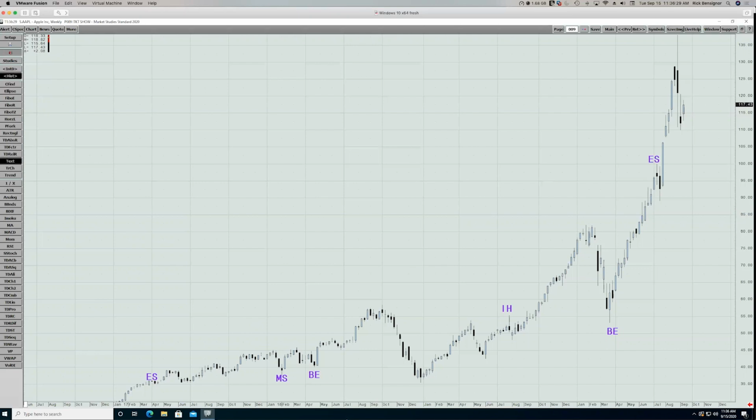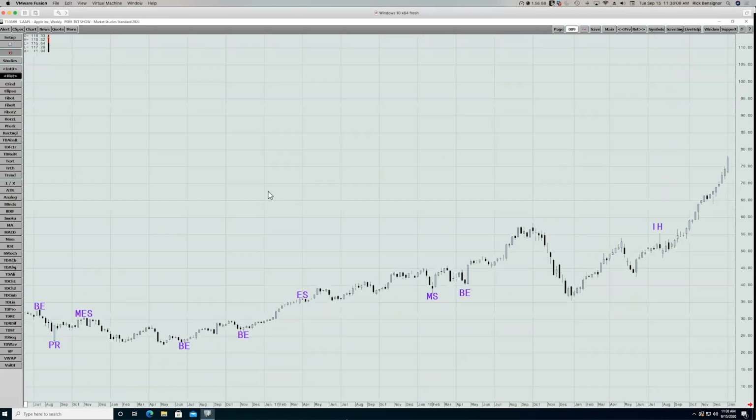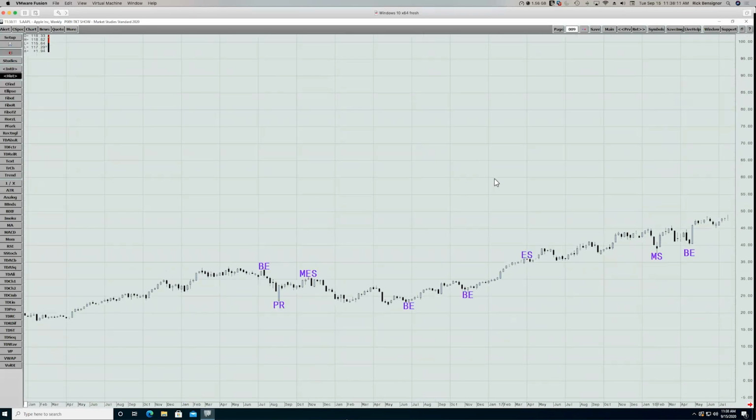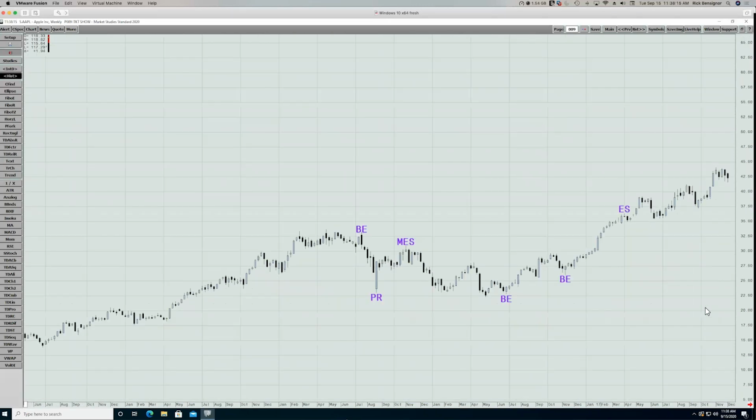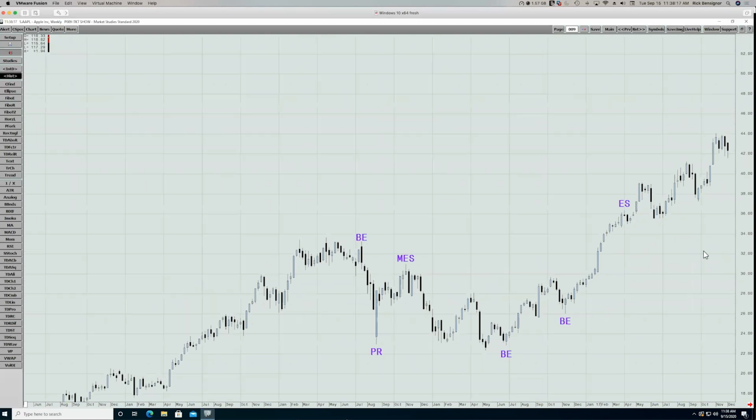So here I took obviously a very common stock like Apple, much loved and certainly a terrific long-term performer. Okay, so as I go back in time, what I've done is I've identified some of these common candlestick patterns. Let's take a look at them to see how helpful they may be.